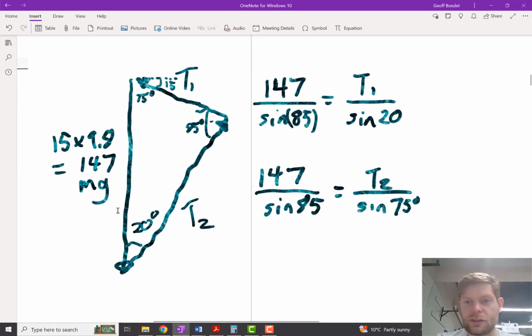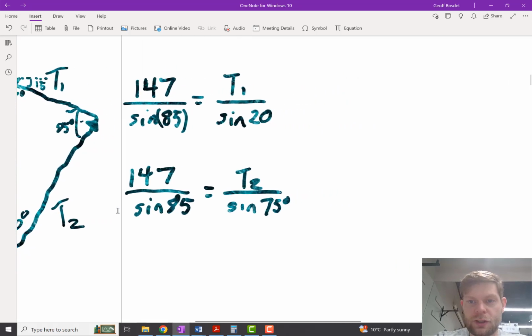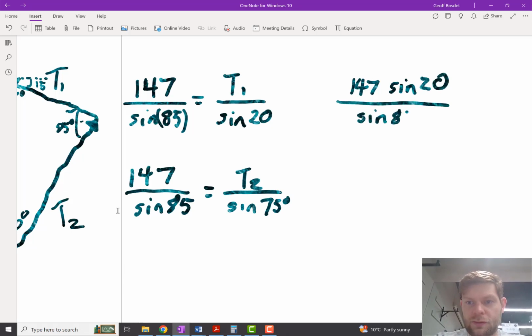So I can then just rearrange this and do 147 times sine 20 divided by sine 85, which has got to equal T1. That's not so bad. Once we've drawn the triangle, this is relatively easy given the inherent difficulty of this question.